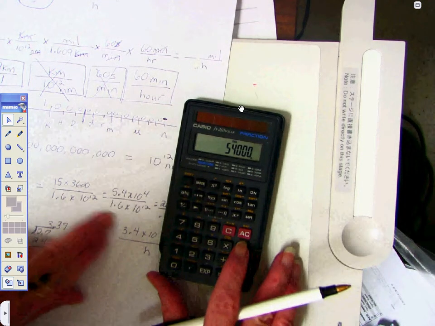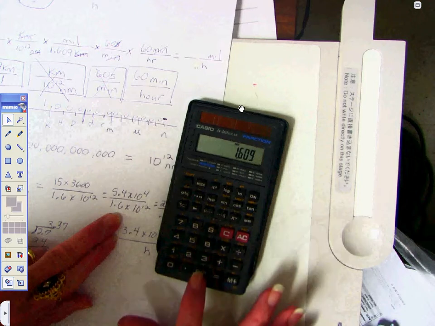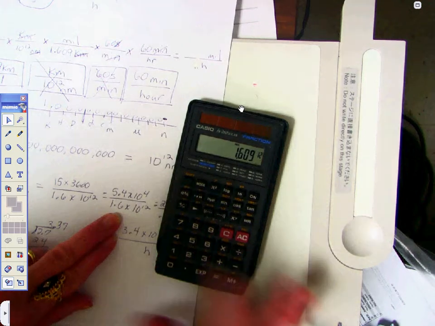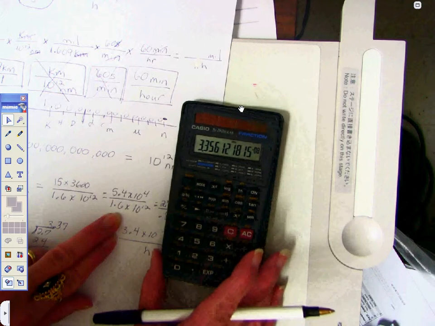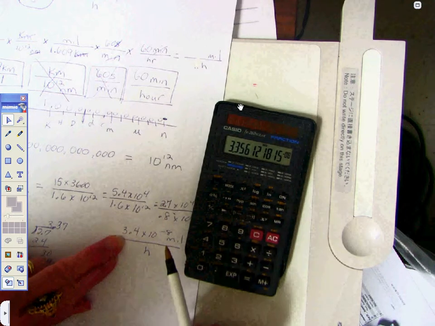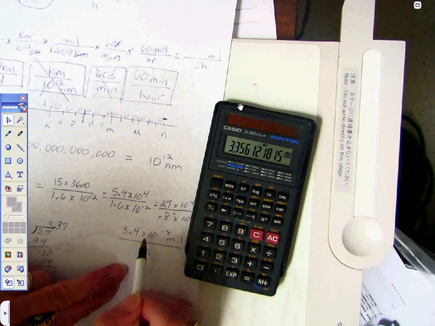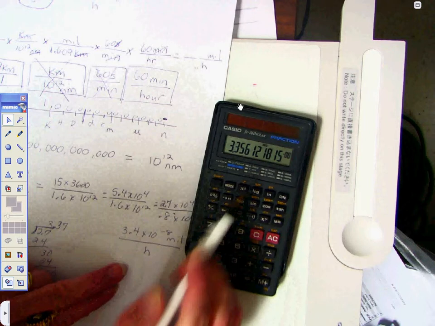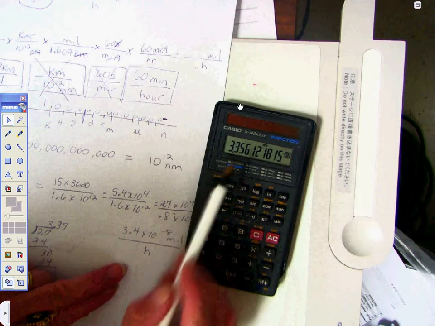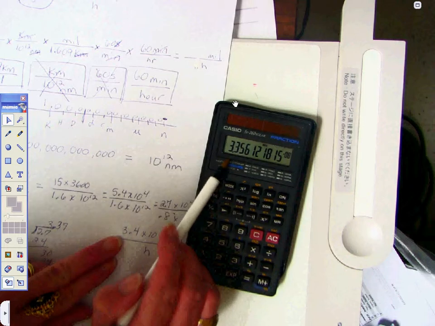And I'm going to divide that by 1.609 times 10 to the 12th. And I get 3.356 times 10 to the negative 8. So if we rounded that number, we would get exactly what we have, 3.4 times 10 to the negative 8.